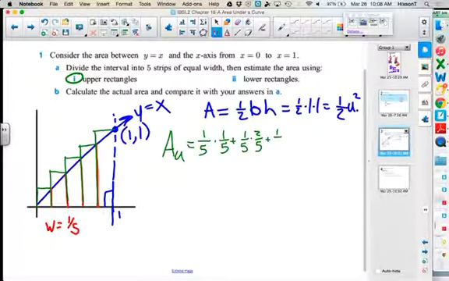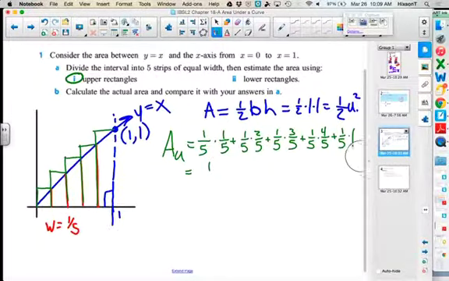Okay? My third rectangle is going to be 1/5 times 3/5 plus 1/5 times 4/5 plus 1/5 times 1. Okay? So, especially if I make this 1 into a 5/5, I'll have a common denominator of 25.